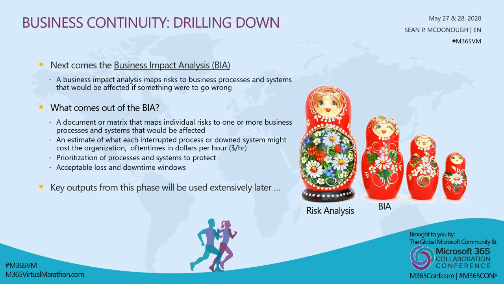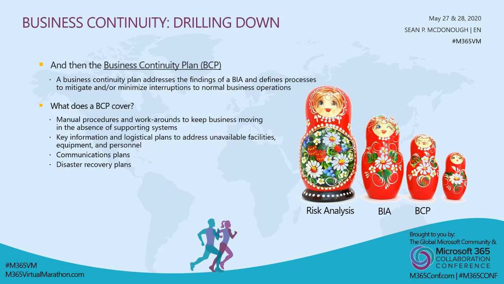From the business impact analysis, we're going to generate some key outputs, namely in terms of RTOs and RPOs, and I'll go into those in a bit. Those will be used extensively in later phases of disaster recovery planning. So we move on from the business impact analysis to building business continuity plans.